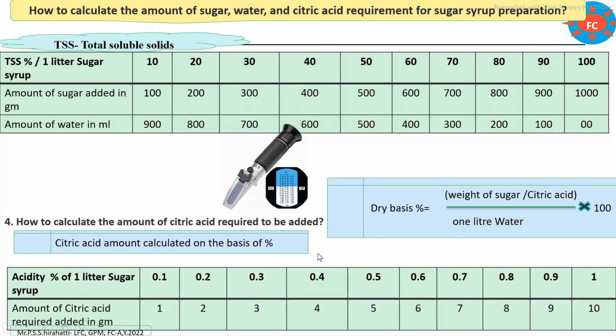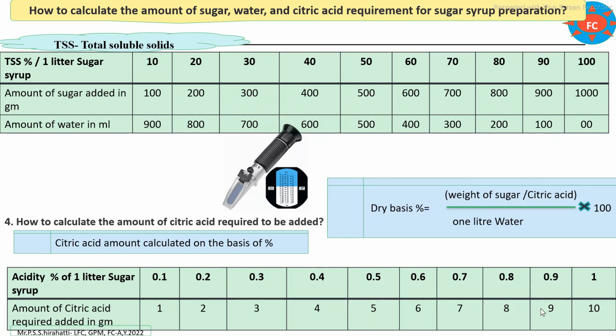For example, citric acid amount calculation on the basis of percentage. For the acidity of the final sugar syrup, if you require 0.1% citric acid, then the addition of citric acid must be 1 gram for 1 liter of water.